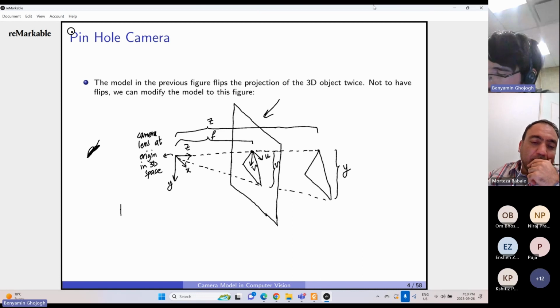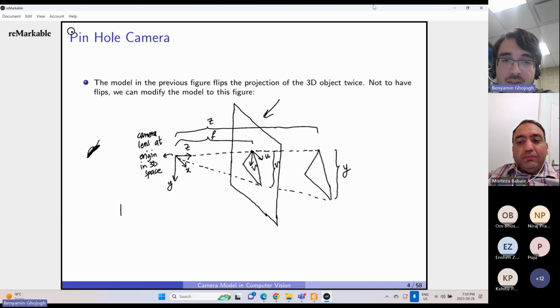Also assume that the camera itself and the object are in the 3D space. Therefore, I have three axes, X, Y, Z. The image plane is 2D.